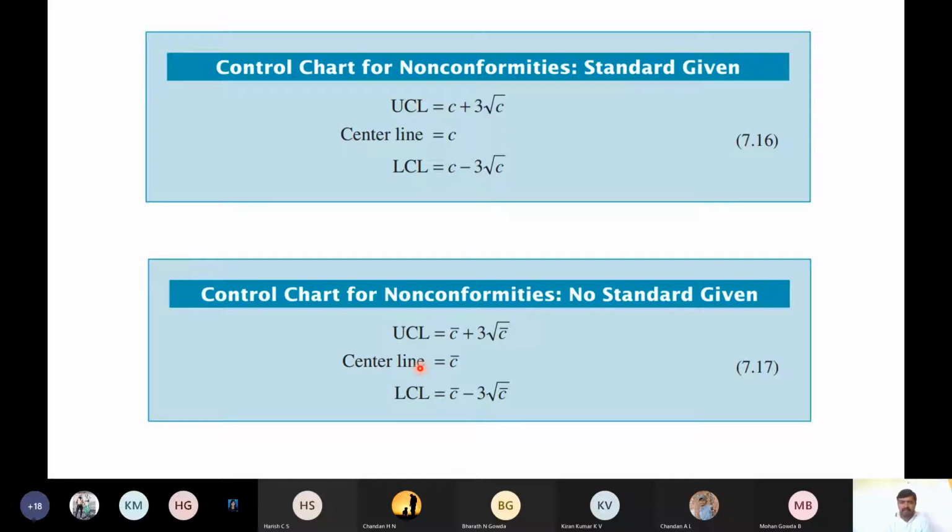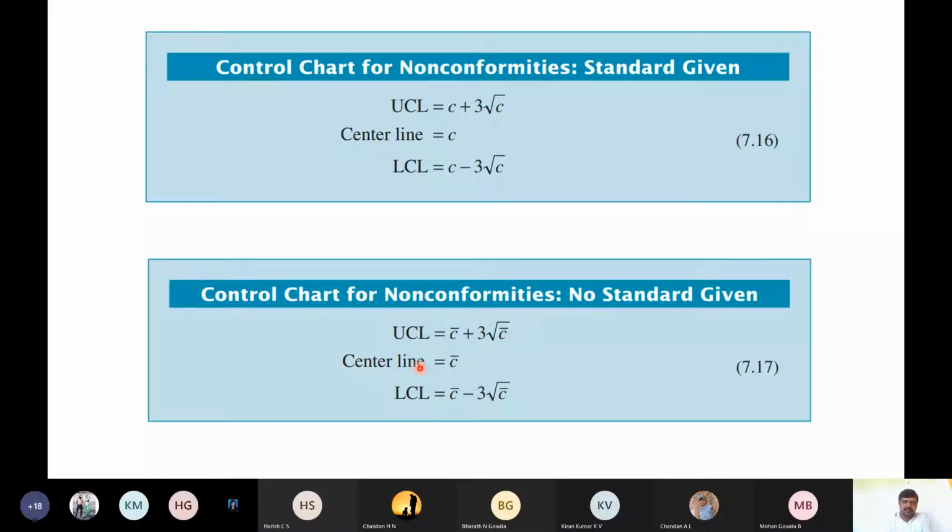In practical application, if the quality engineer finds assignable causes for those points, then you can eliminate them and revise the control limits. If assignable causes are not found for the points plotted outside the control limits, then you can continue with the existing trial limits for further evaluation. So like that, there are considerations.